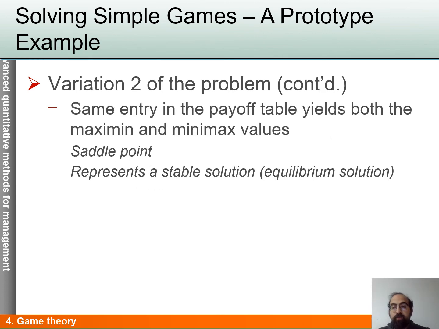So, just again review the concepts. If this maximin and minimax happen at the same point of strategies, meaning coincidence, like in our example we had 0 at strategy 2 and 2, and this 0 at strategy 2 and 2 is the same point, we name this point, as you remember, a saddle point that represents a stable solution.